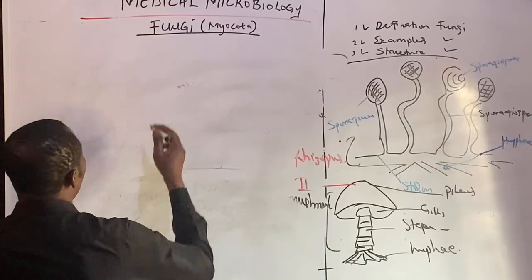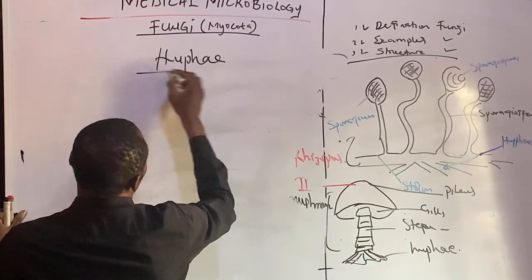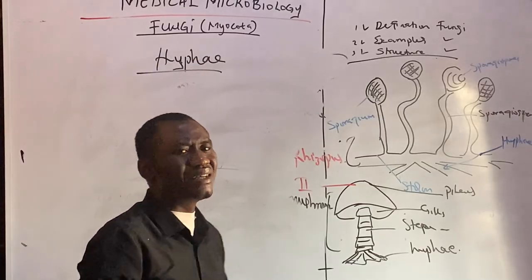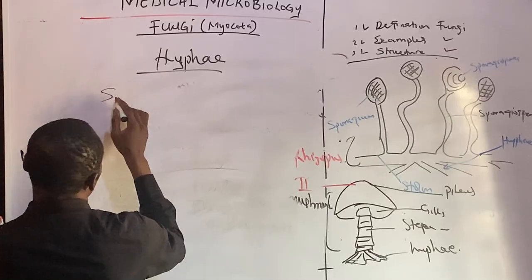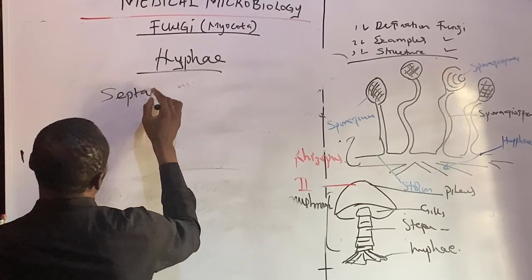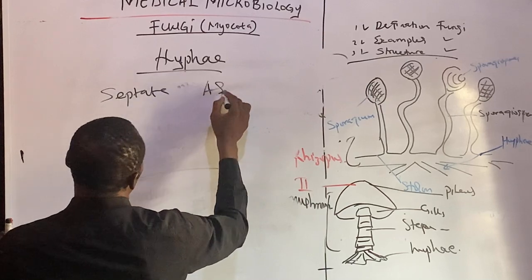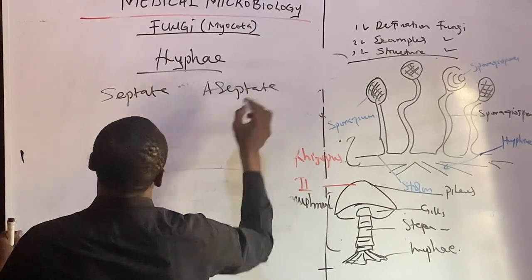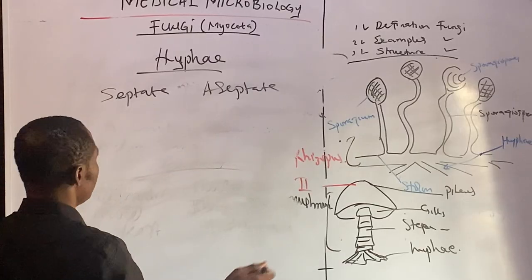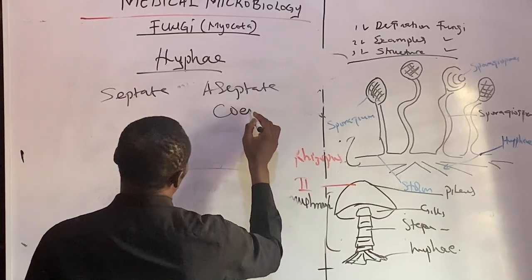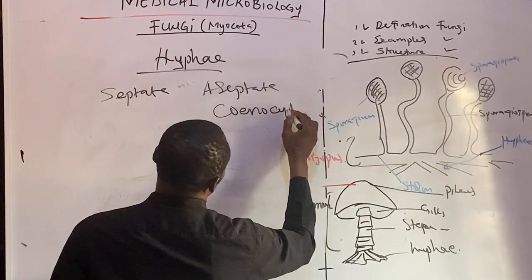Now, let's talk about the hyphae of fungi. The hyphae of fungi is divided into two. We have the septates and the aseptates. The septates and the aseptates. This is also called the coenocytic cell wall.